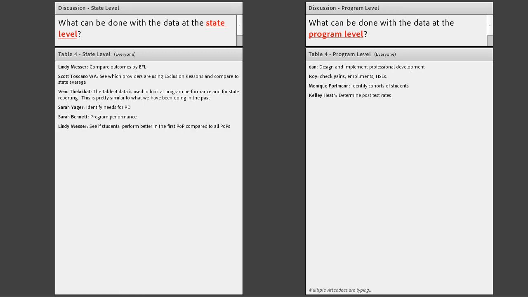Okay, it looks like multiple people are still typing. We'll give you just a couple more seconds to complete what you're typing.